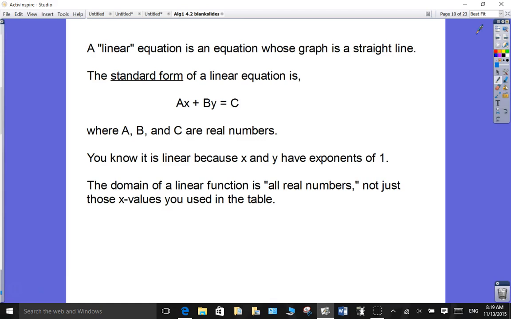You know it's linear because the x and the y are raised to the first power. How do you know that? Because when you don't see an exponent, what is it? It's 1, right? So whenever the x and y terms are raised to the first power, you know you're dealing with a straight line. It's linear.